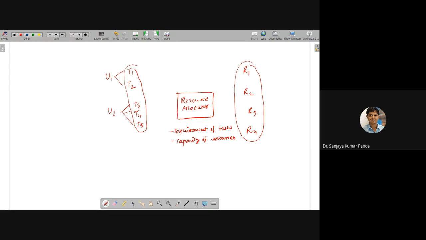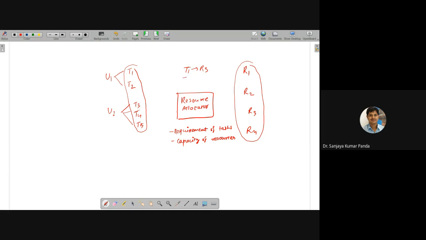So what it is doing is matching the requirement asked by the user with the capacity that a resource can provide.